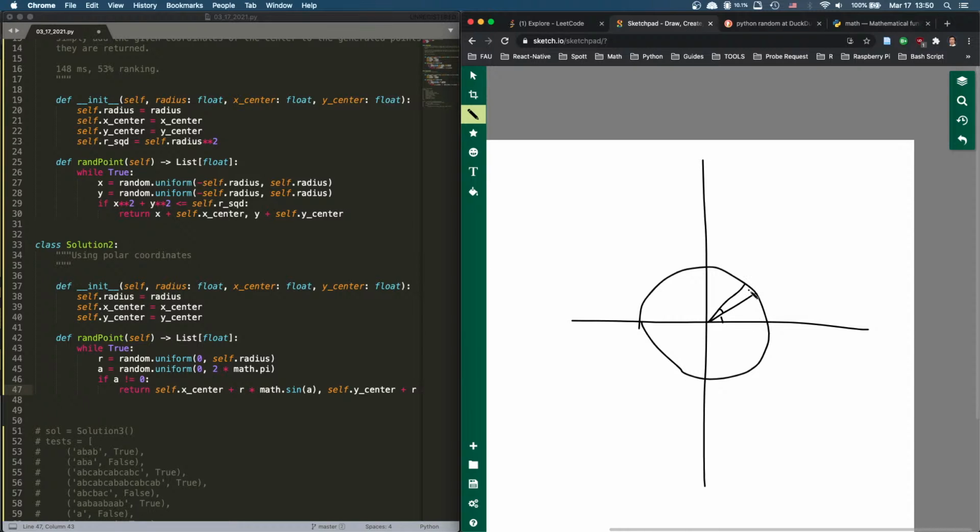Therefore, they're not uniformly distributed overall on the surface of the circle. Okay, that makes sense. So I think that's why it doesn't work. Can we find a way to still use the scheme, but compensate for the lack of density in this region? Compensate.